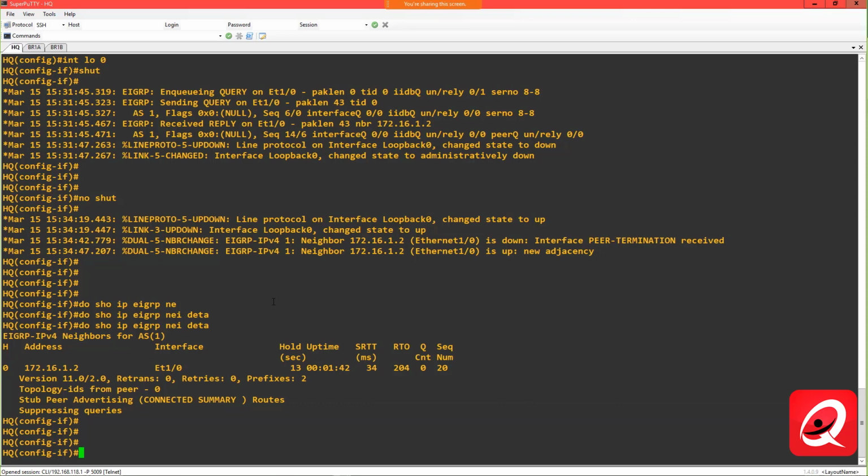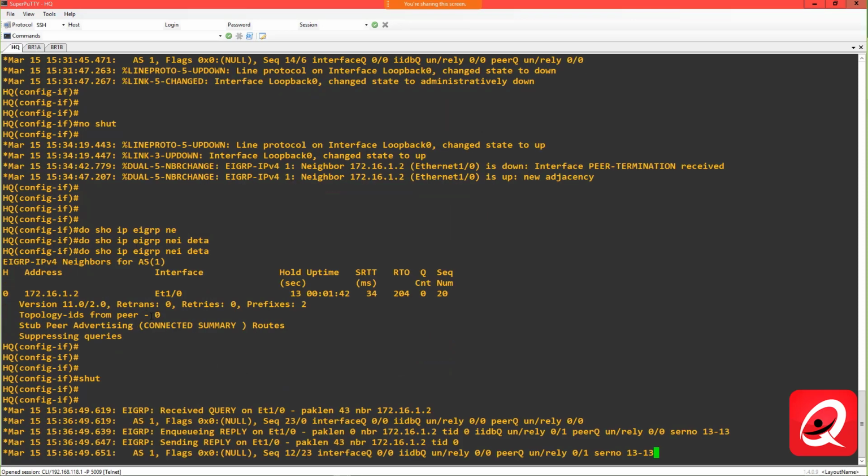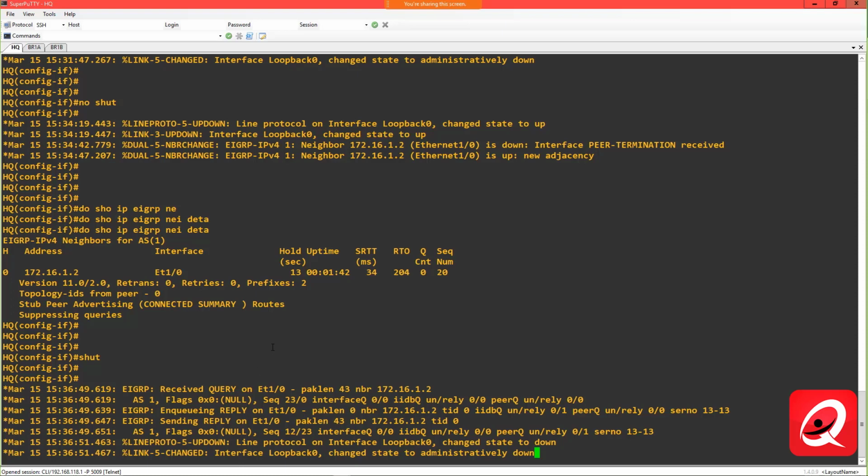So if I come in here and I do a shut on the loopback, I am not going to send a query to that particular peer. I received a query because the stub router lost the 10 network. So I can see I received a query from 1.2 saying, I lost my route.